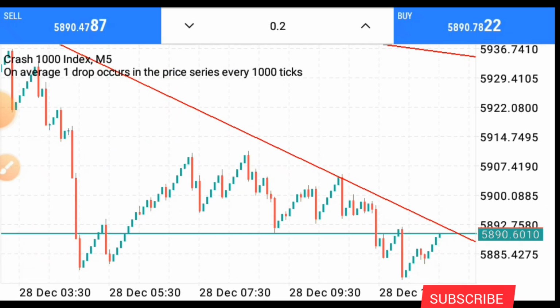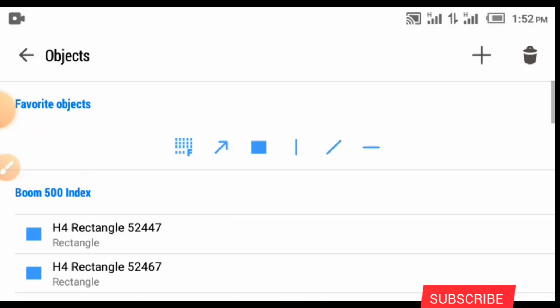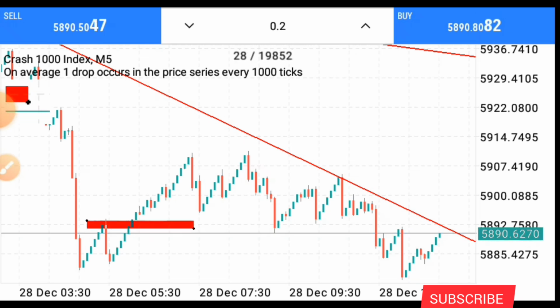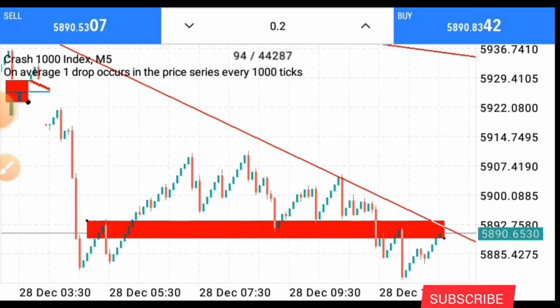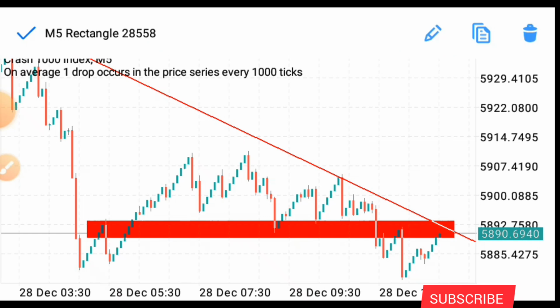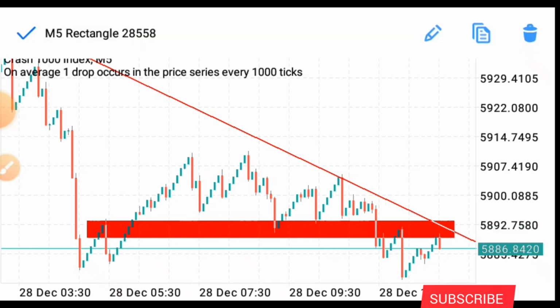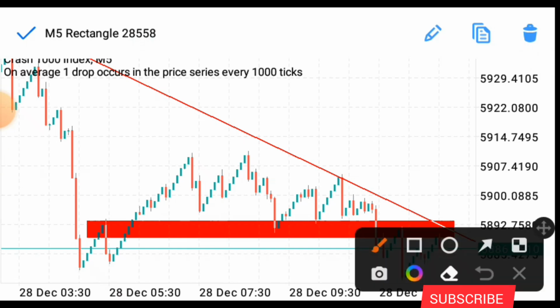Here I will put in some support and resistance zones in order to have a better understanding of what the market is doing. So now we are in a very strong support and resistance zone. You can see the way price is battling with this area.